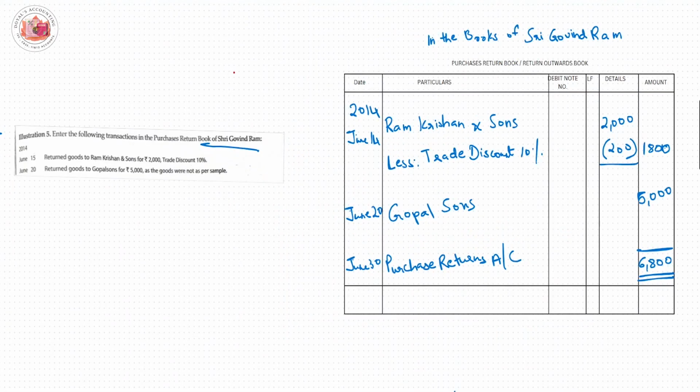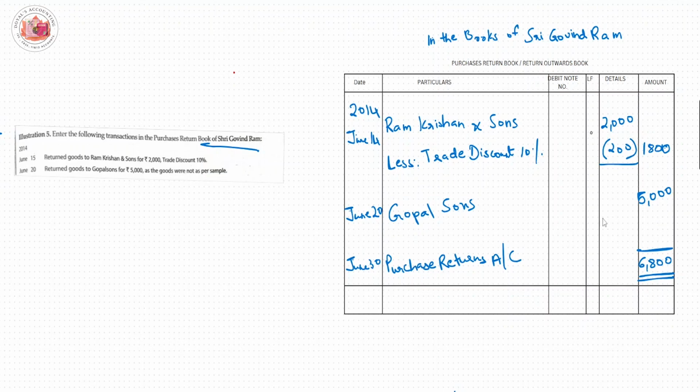The main points that you have to remember while recording transactions in your purchase returns book: you will only record those purchase returns which have originally been bought on credit. Whenever the business is doing a purchase return transaction, it will always create a debit note, so in the pro forma, you will have to write debit note number.